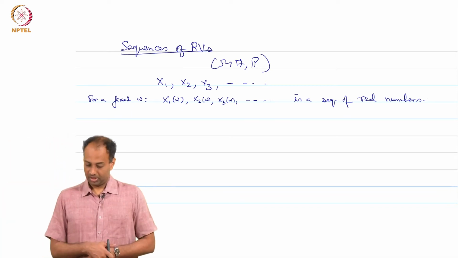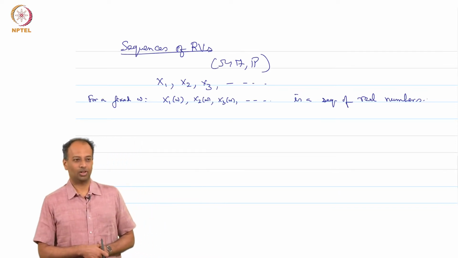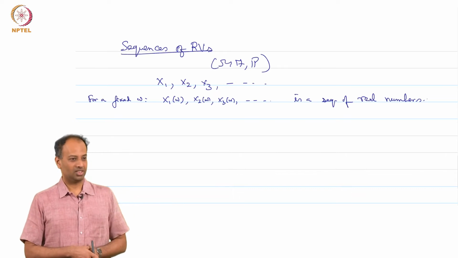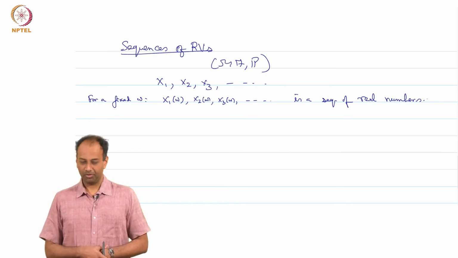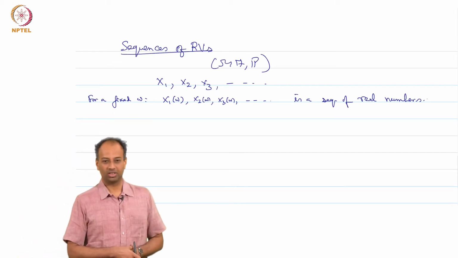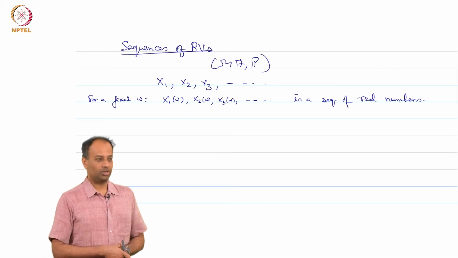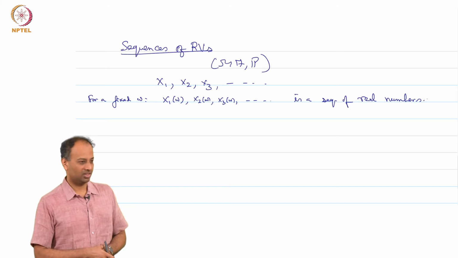Now, when you talk about a sequence, the next thing you talk about is convergence, right. What does it mean to say a sequence converges? So, if I give you a sequence of real numbers little a1, little a2, dot dot dot, I want to talk about convergence.